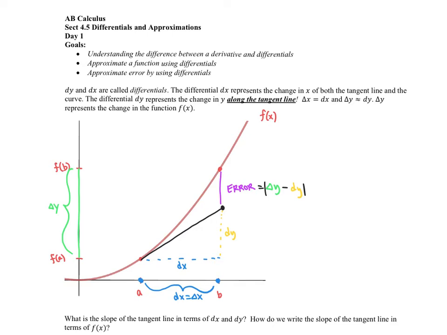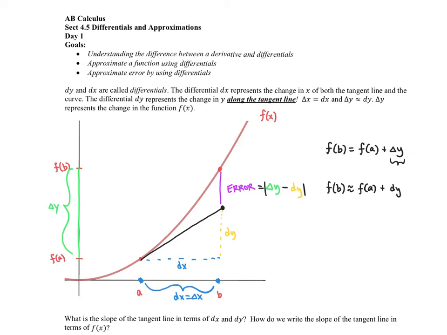So let's talk just some details here. Well, f of b should equal f of a plus delta y. All right, that's pretty clear. Now, how can I approximate delta y? Well, f of b would be approximately equal to f of a, which should be known, plus dy.